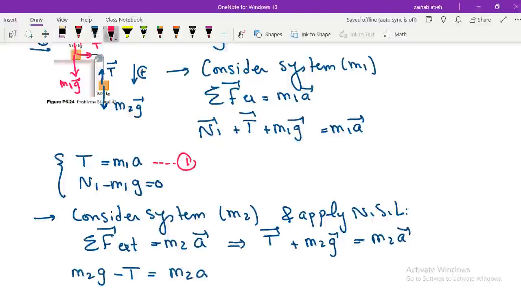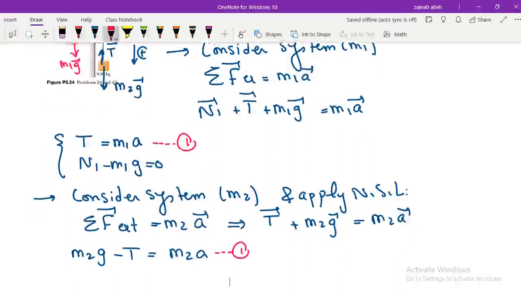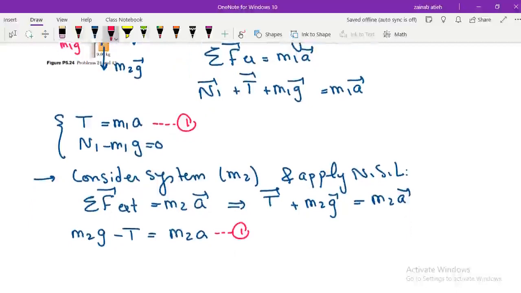Now I have two equations, equation 1 and equation 2, with two unknowns, T and A: the tension and the acceleration. I can take these two equations and find the acceleration. I can substitute the tension from the top equation into the bottom one.